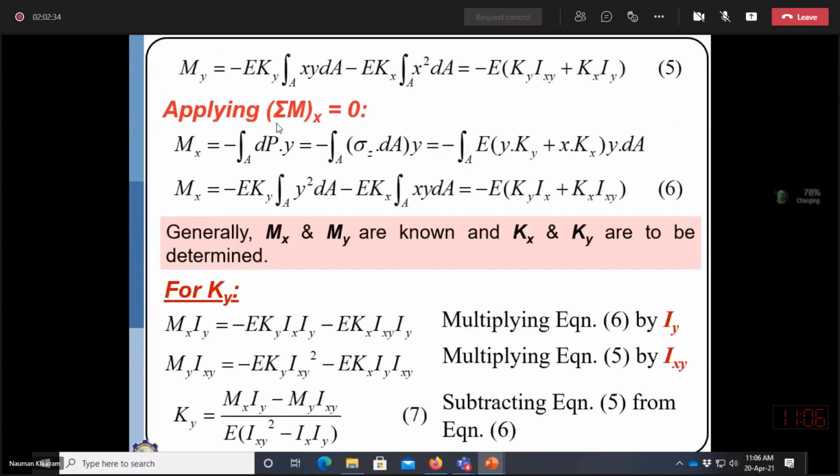If we want to delete the term ky, we will multiply equation number 5 with Ix, so this parameter will be ky Ix into Ixy, and equation number 6 with the product moment of inertia. Then these two parameters will be the same, and we can subtract one equation from the other to determine the parameter kx.